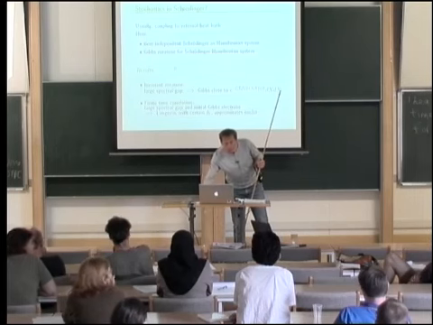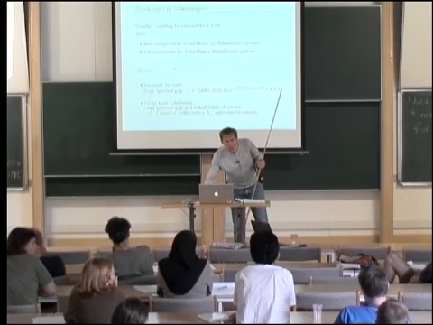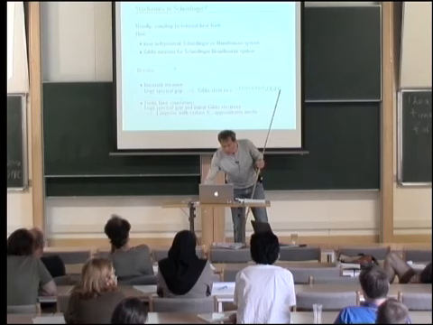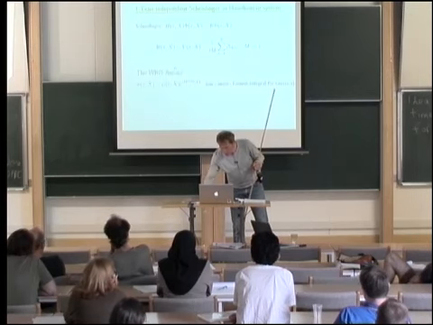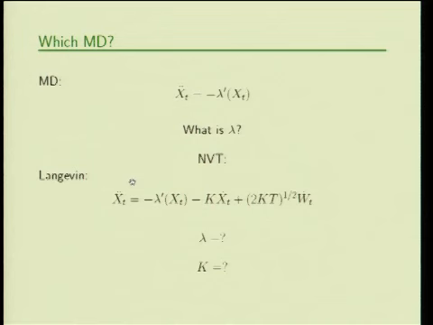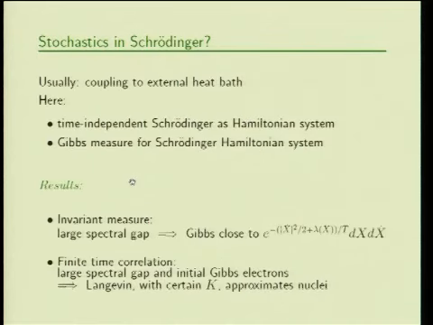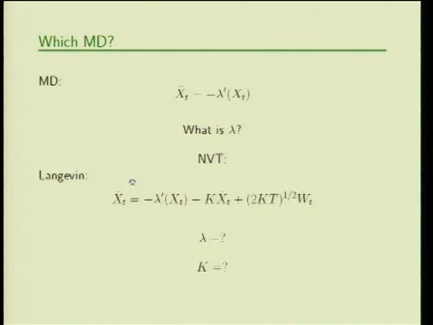Why are you using second order dynamics? Why is inertia important? Why don't you use first order dynamics? Yeah, so if you just would like to study equilibrium, I could use only positions. That's right.